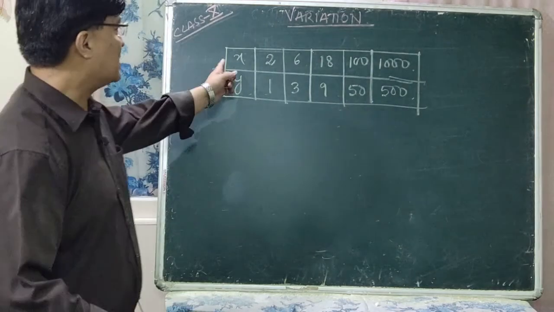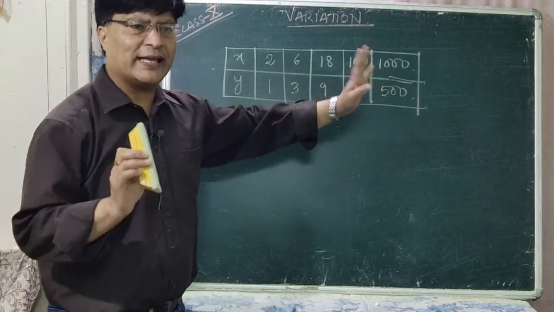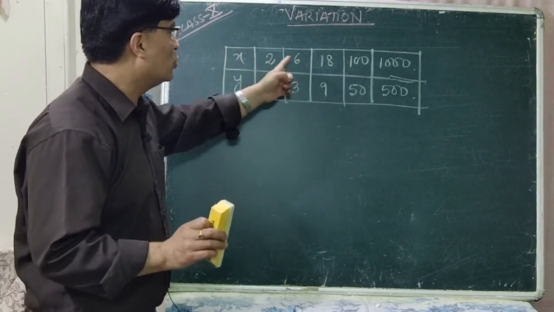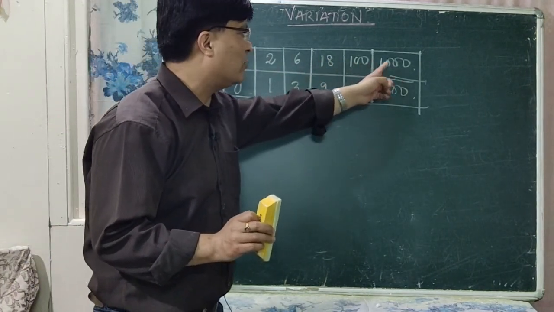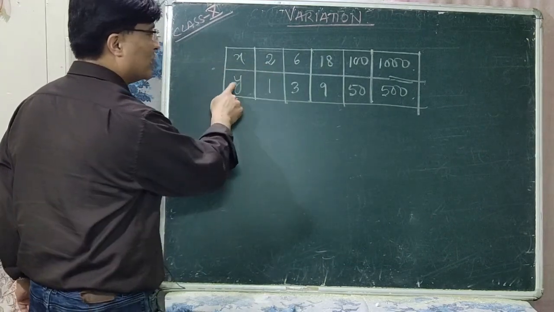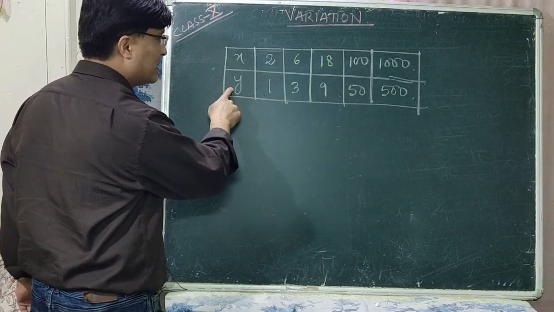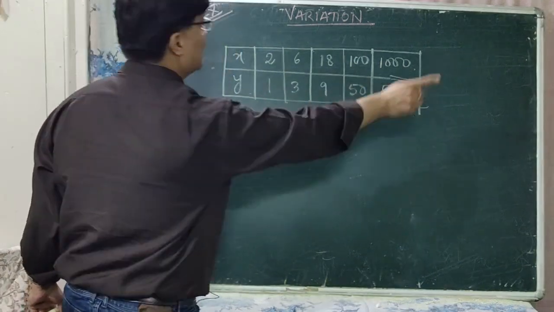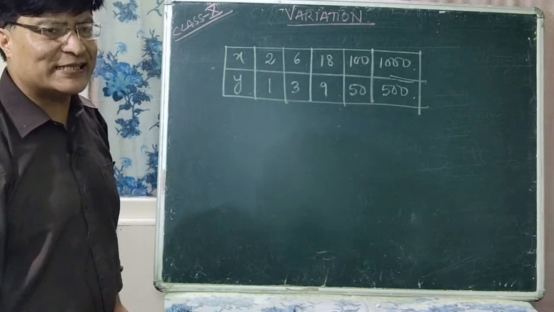So here x is a variable because x can take any values. Suppose the values of x are 2, 6, 18, 100, 1000. And y can take the values 1, 3, 9, 50, 500, etc. Here also the value of y will change.